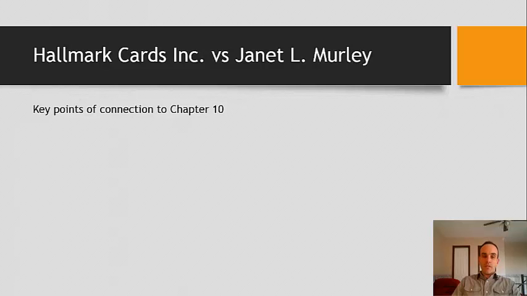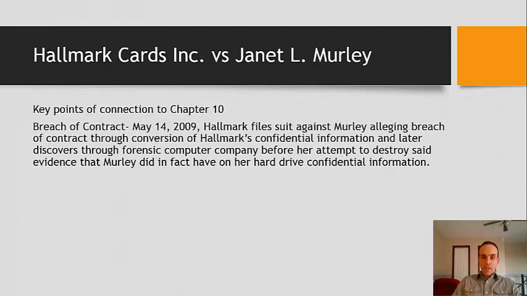Pertaining to this case in particular, the verbiage that I took away from it that did pertain and connect to said Chapter 10, specifically more than anything, was this breach of contract. The notation from the news article stated that basically on May 14th, 2009, Hallmark did file this suit against Murley alleging breach of contract through the conversion of Hallmark's confidential information that she obtained and held on to and saved on her computer and then distributed to her new company.